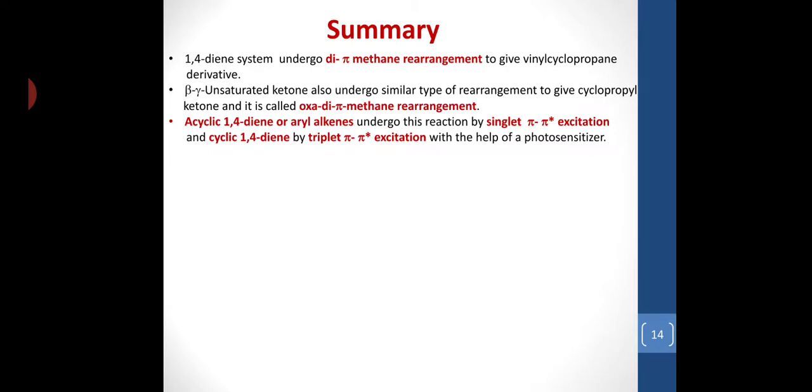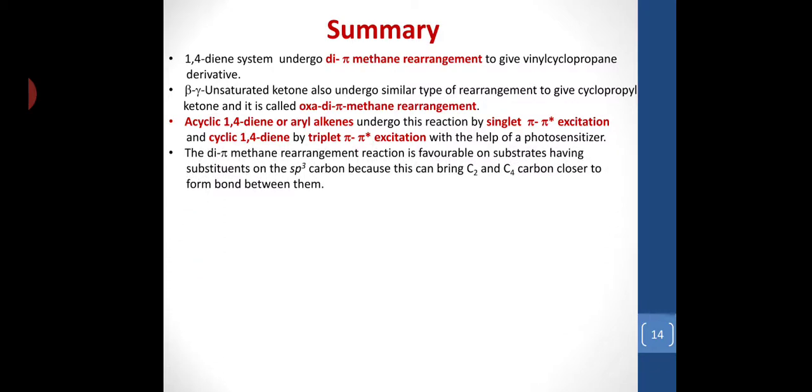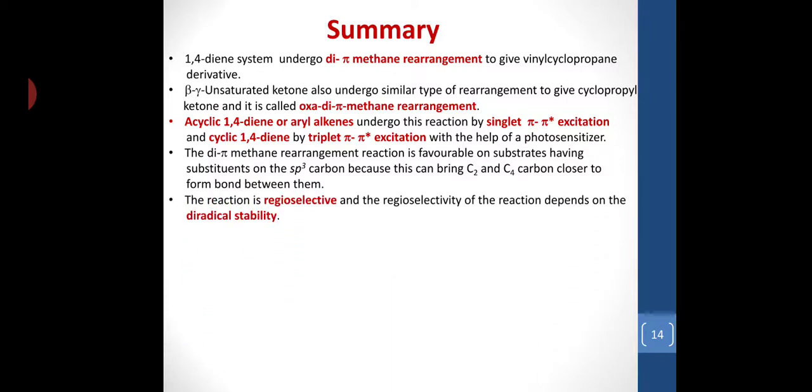Acyclic dienes or aryl ketones undergo reaction by singlet pi-pi star excitation and cyclic 1,4-diene by triplet pi-pi star excitation. This reaction is favorable on substrates having substituents on the sp3 carbon atoms. The reaction is regioselective and the regioselectivity of the reaction depends on the diradical stability.